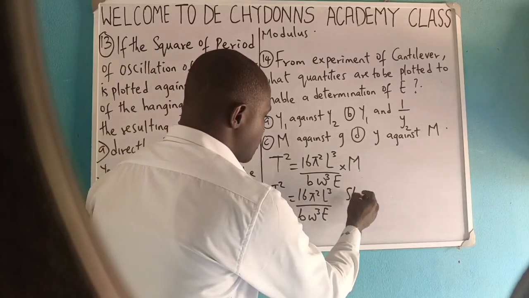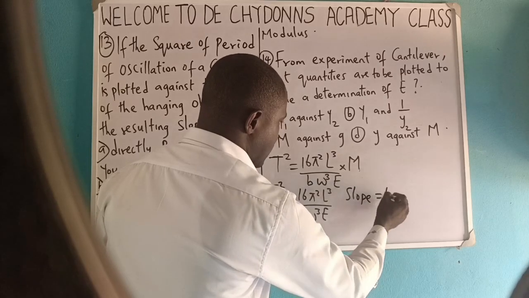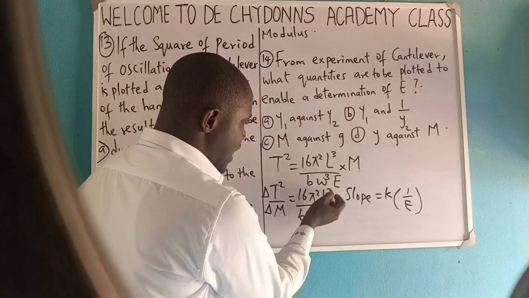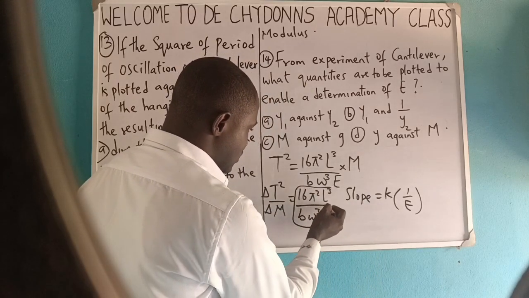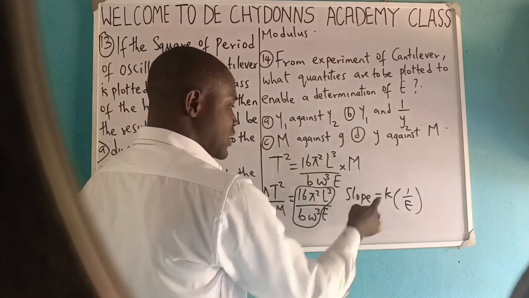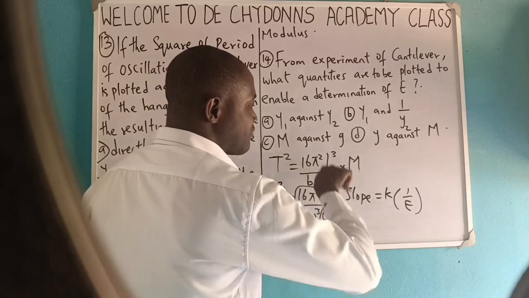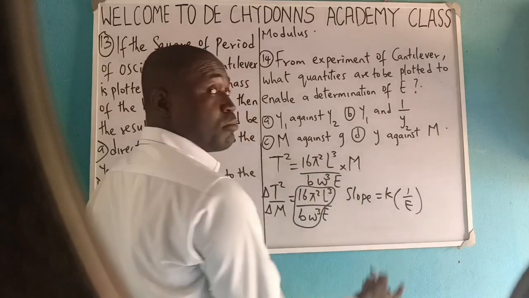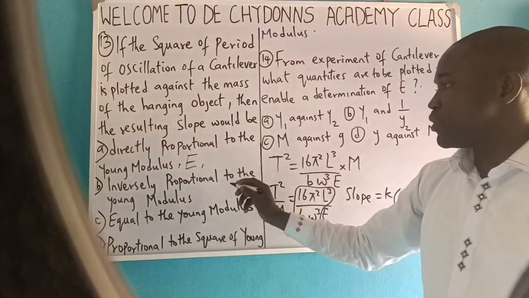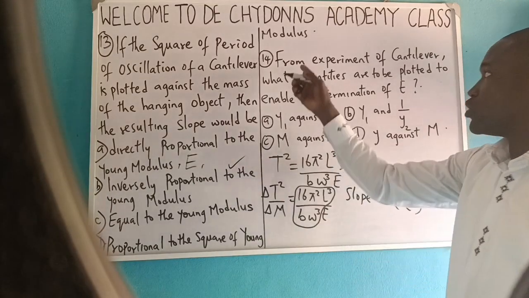We say the slope is equal to K times 1 over E, where K means every other thing that is not E. So K is constant. So slope is inversely proportional to the Young modulus, so to speak. So we'll be taking the option to be option B. We go to question 14.